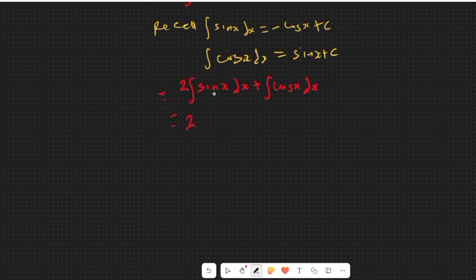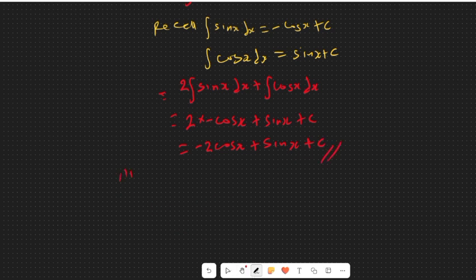What is the integration of sine x? That is minus cos x, plus the integration of cos x, which will give you sine x plus c. And when you multiply this, you get minus 2 cos x plus sine x plus c. Okay, that is it.